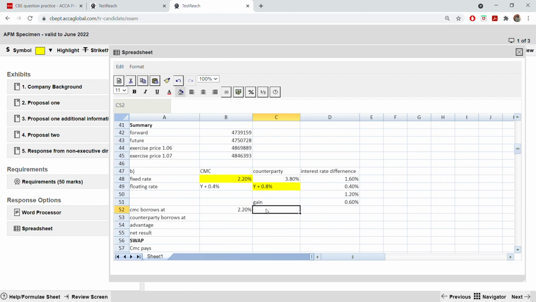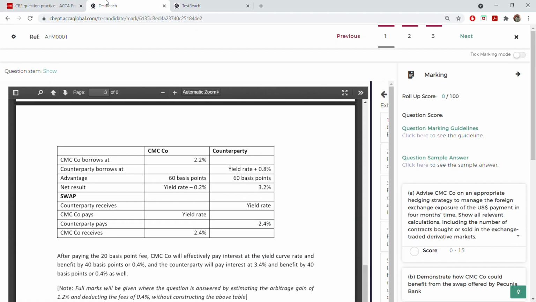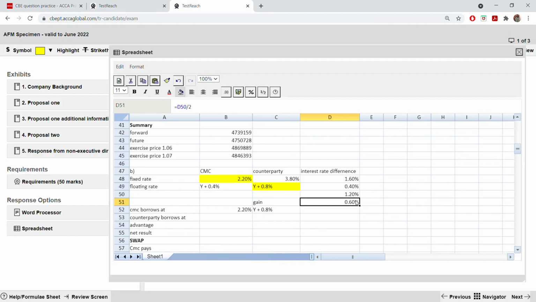And they are borrowing at Y plus 0.8%. Advantages just now we got this 60 basis point. 0.6 means 60 basis point. Okay. You can just write 0.6%.